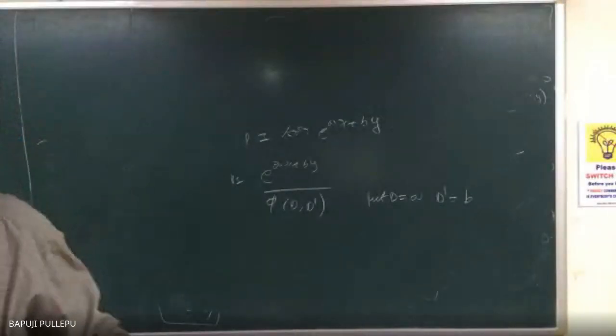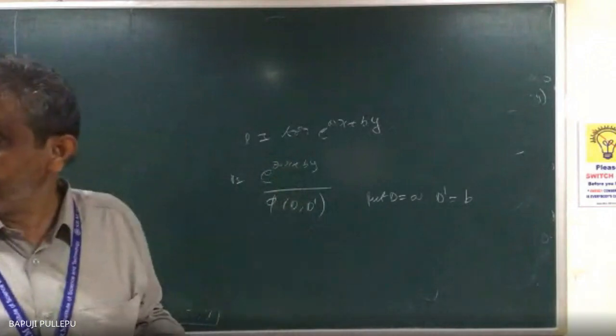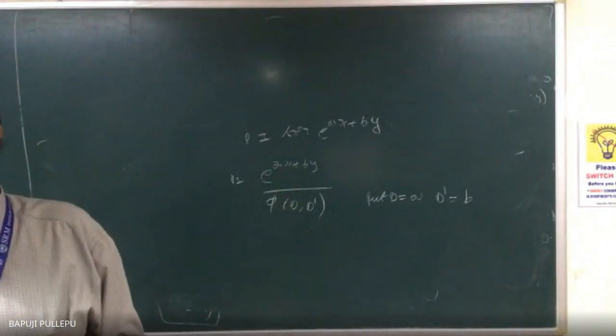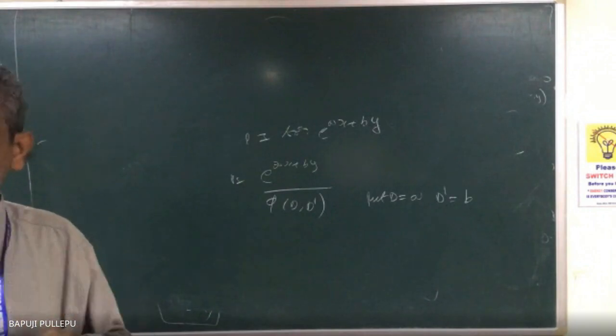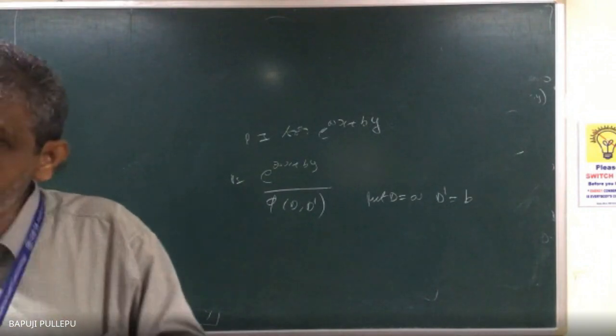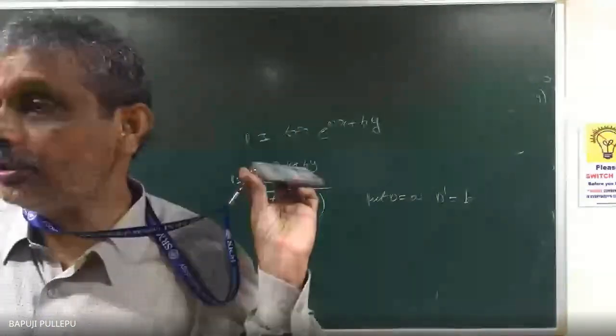If the denominator is 0, then 1 by 0 cannot be defined. So if it is 0, I will discuss that as a different case while doing the problem. The 0 can come, but don't apply this method there.